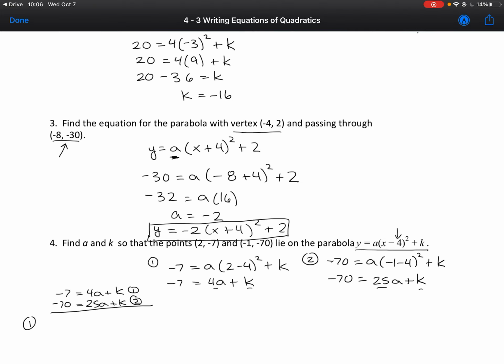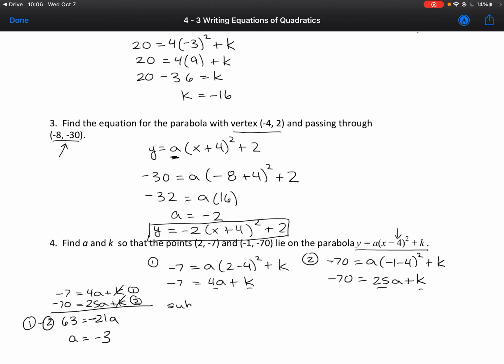I'm going to subtract these equations to eliminate k. So now I've got minus 7 minus minus 70, which is going to give me positive 63. And then I've got 4a minus 25a, which is going to give me minus 21a. So now I can solve for a, and I'm going to get a is equal to minus 3.